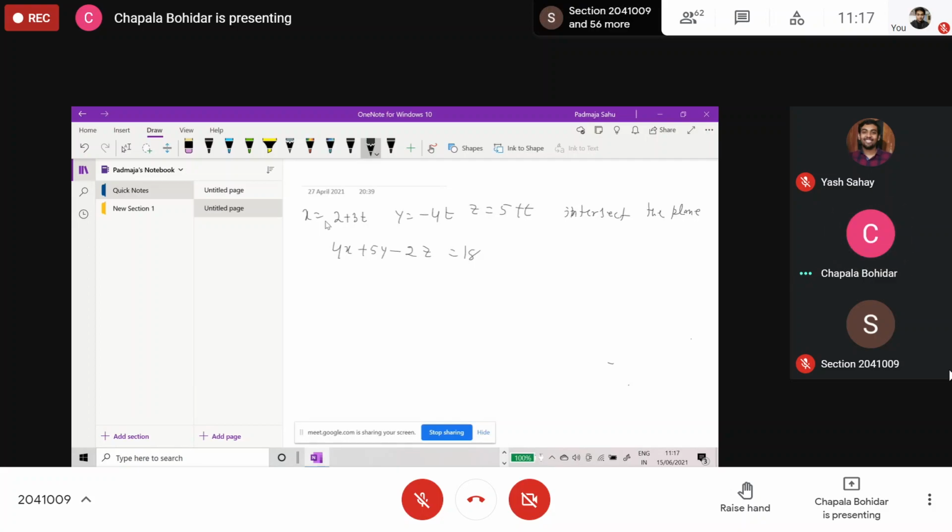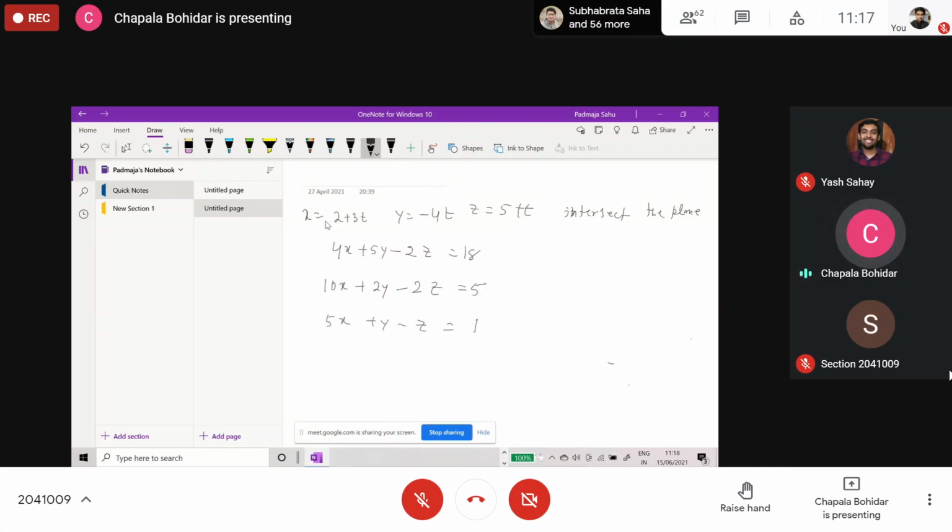Distance. Find the distance between the parallel planes 10x plus 2y minus 2z is equal to 5 and 5x plus y minus z is equal to 1.